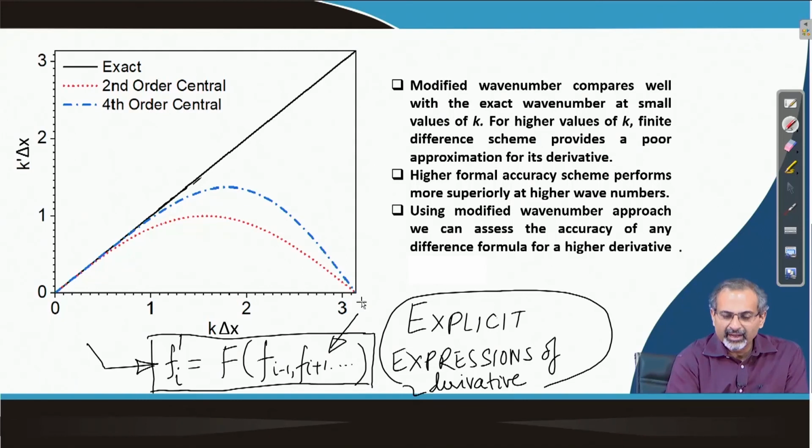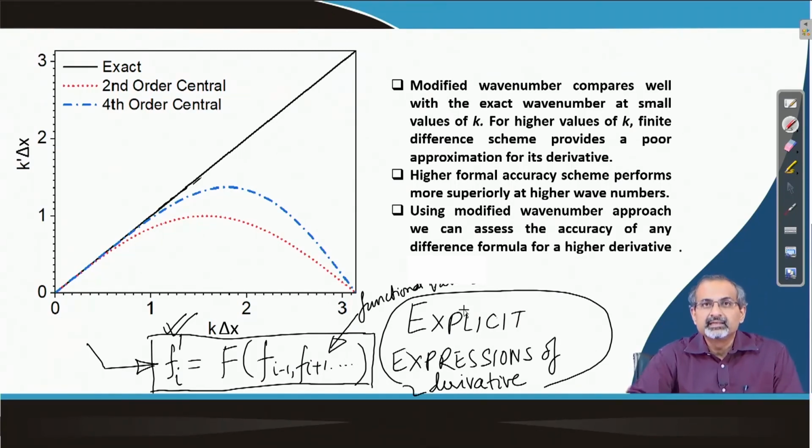So, as long as you have the functional values, which we normally have, we can substitute on the right hand side of this equation, and immediately the difference expression helps us to calculate the f dash approximately at the grid point I.